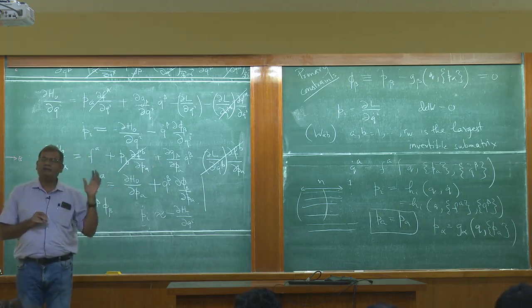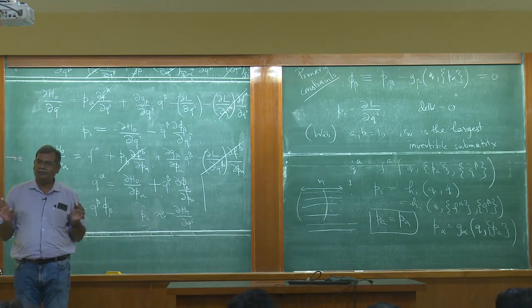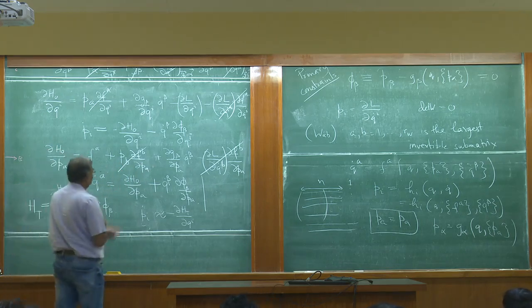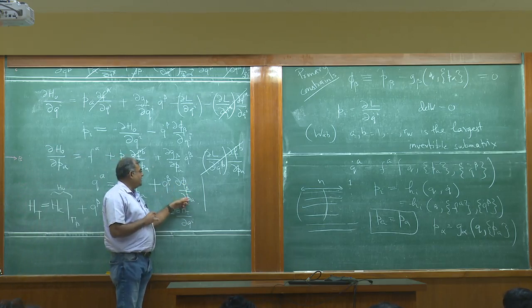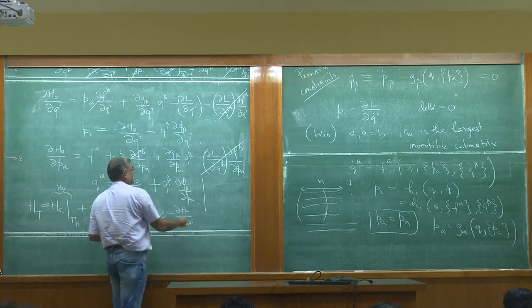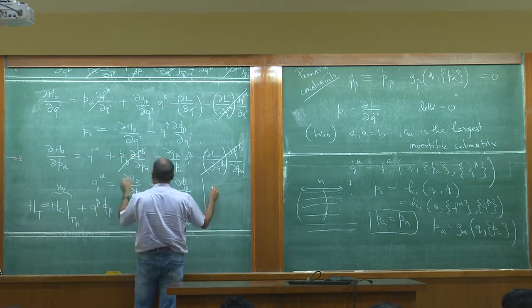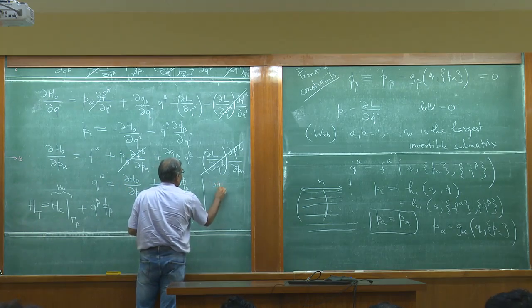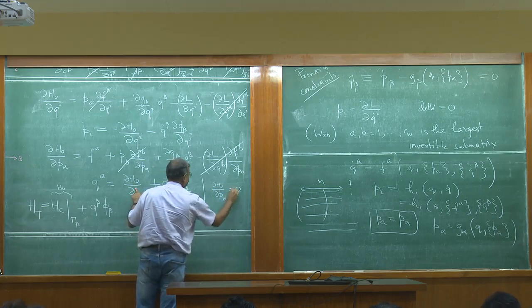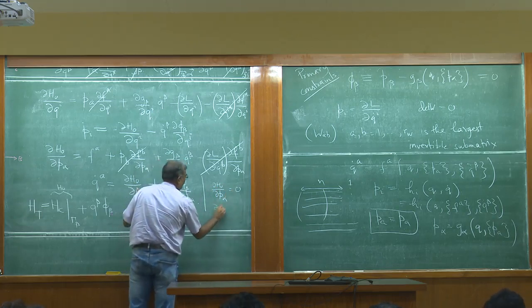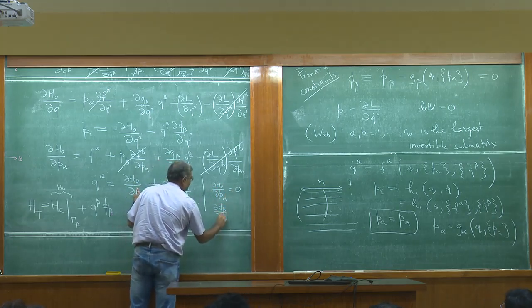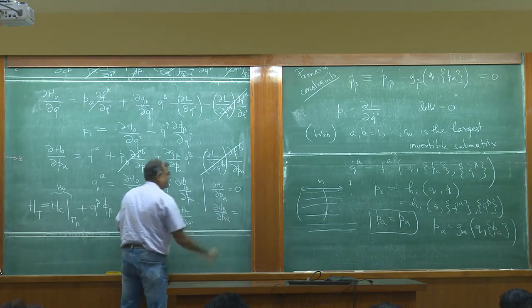So, del H0 del P beta would be 0. And what about del phi beta del, so I should really then say, okay, let's try del H0 del P alpha. That's 0. And del phi beta del P alpha. Can anybody tell me how much that is?